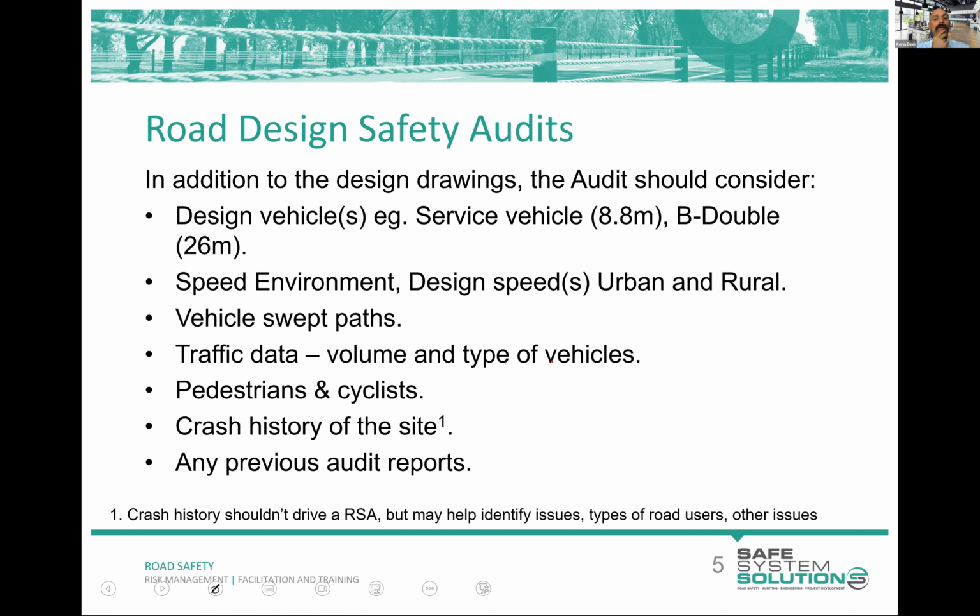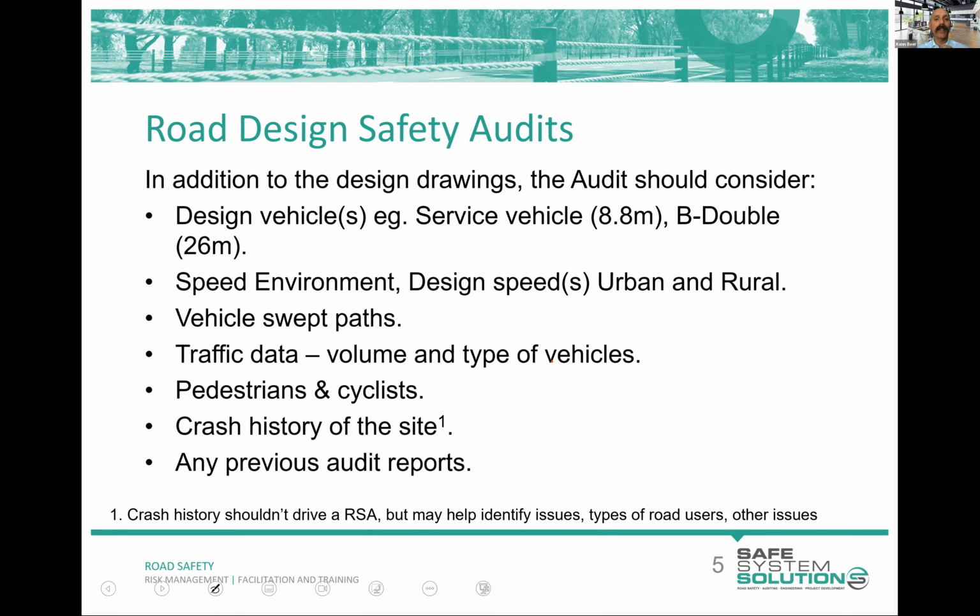We, as road safety auditors, need to start thinking about, okay, what vehicles has this design been designed for? What vehicles might go through there? Has the designer selected the appropriate vehicle?